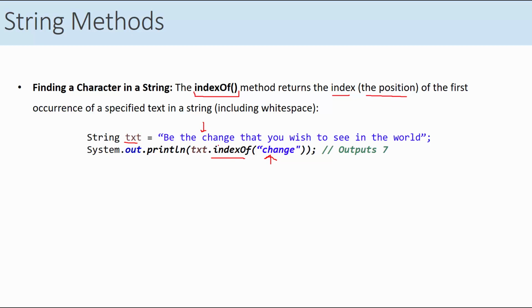Remember, string first location is 0, so this is going to be location 7. So the output of this will be 7. If the character sequence you are searching for is not available in the string, the function will return -1.